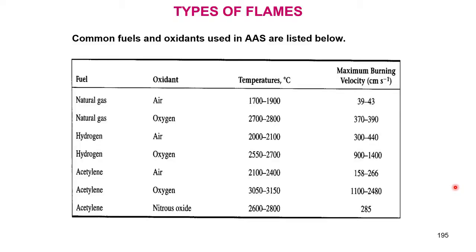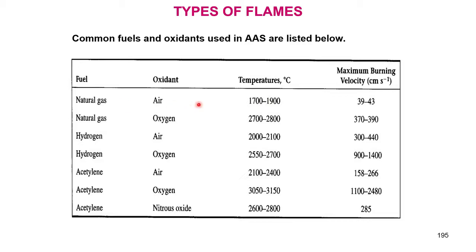Look at the slide now. Here I have made a list of natural gas and the oxidant. If I use air, I get a temperature of about 1700 to 1900 degrees centigrade. For good atomic absorption, we need around 2300 to 2500 or 3000 degrees centigrade.